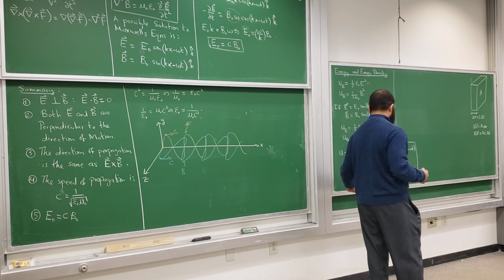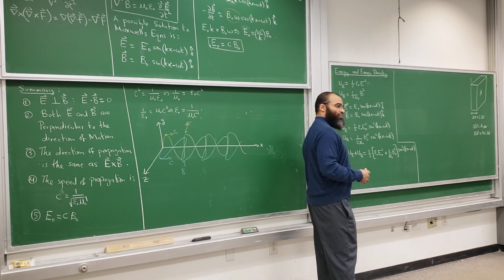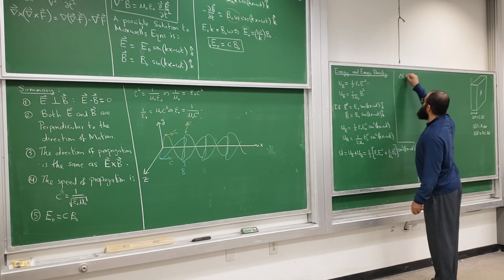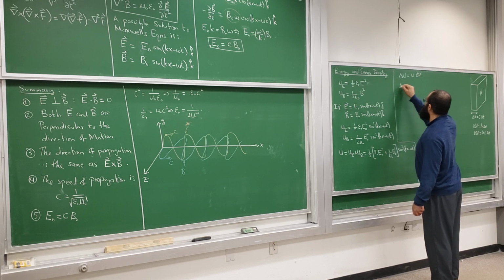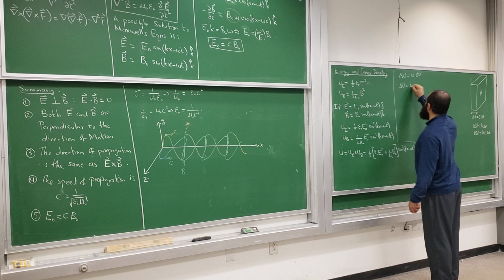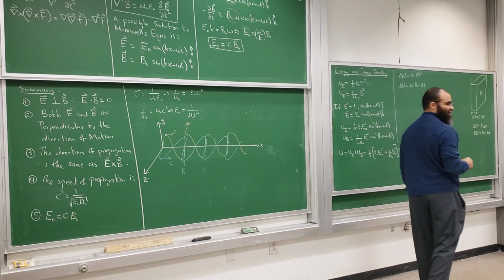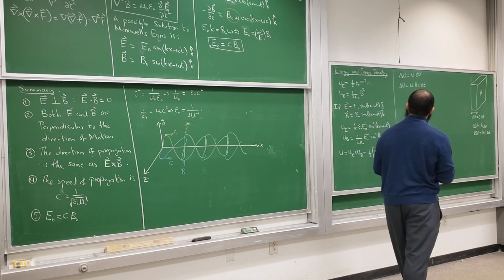Energy density means energy per what? Volume, yeah, it's joules per cubic meter. So if I want the energy, delta U, it would be the energy density times delta V. So delta U equals little u times delta V, which is the area times c times delta t. Okay? Let's divide both sides by delta t.